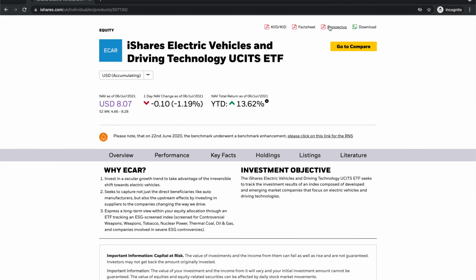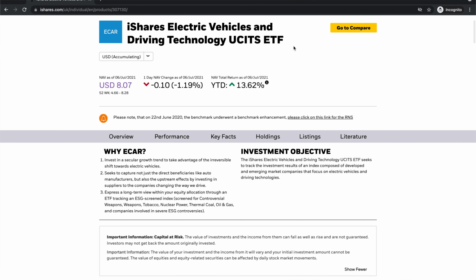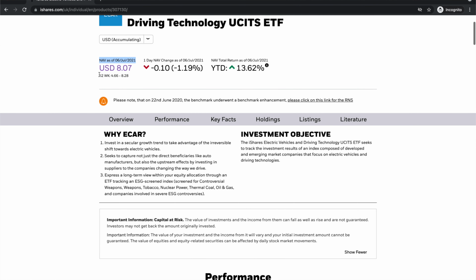Here on the top right, we have the prospectus and other documents. Please make sure you are checking those before investing your money in the ETF. Here we have the NAV per share, and you can see here that there is a 52-week low and high range.